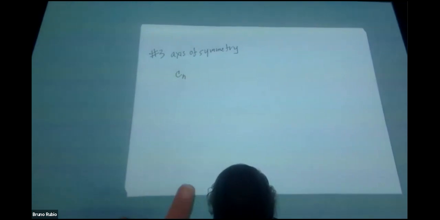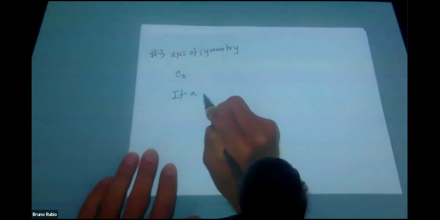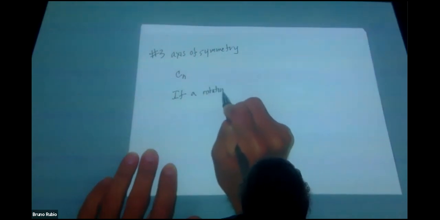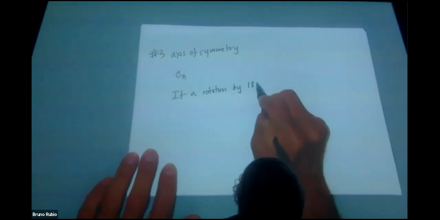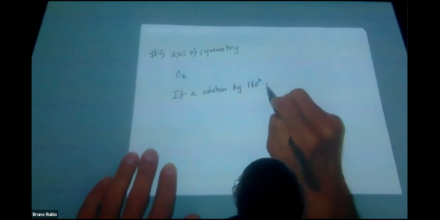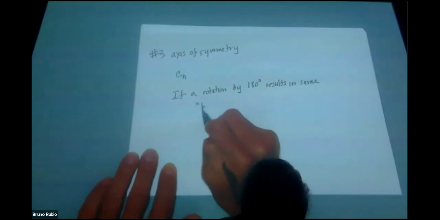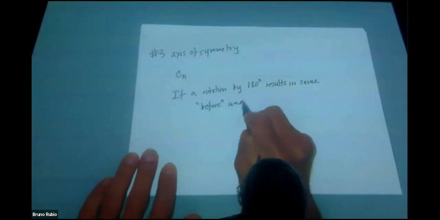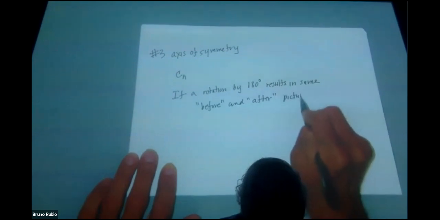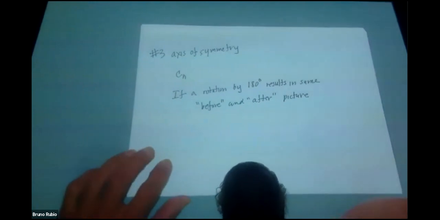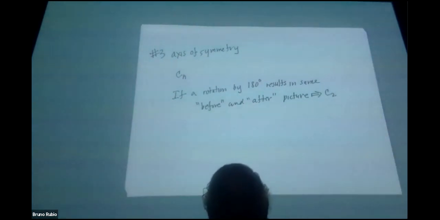And what that n means: if a rotation of the object by 180 degrees results in the same before and after picture, then that molecule, that object, has what is called the C2 axis of symmetry.